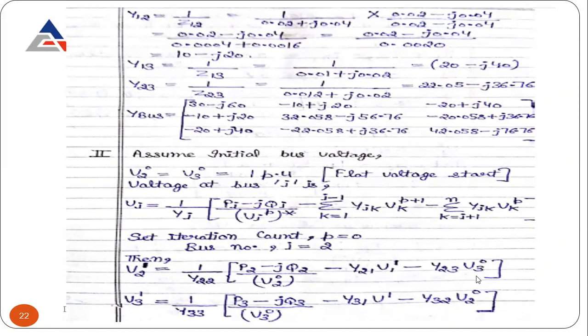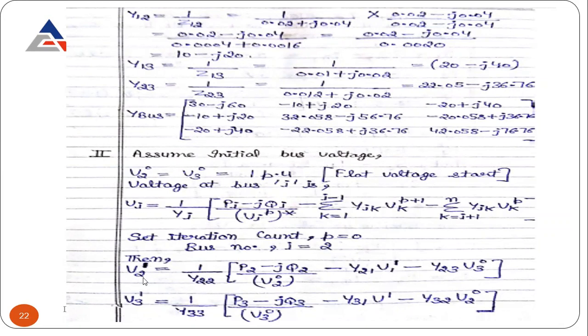The previous iteration values are taken as 0. Here V1 is taken at the present iteration because the voltage V1 remains fixed. That will be our slack bus, so there is no change between the previous value and the current value.